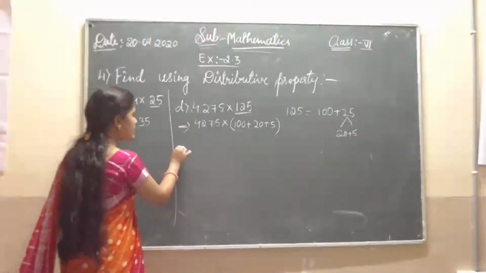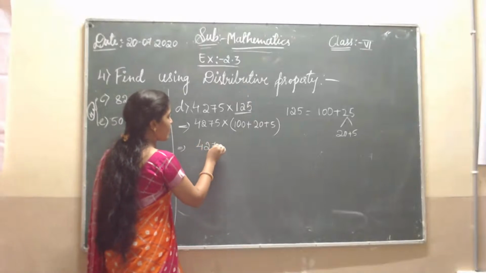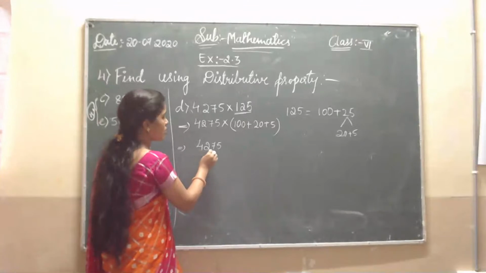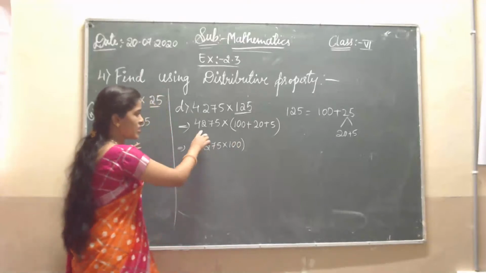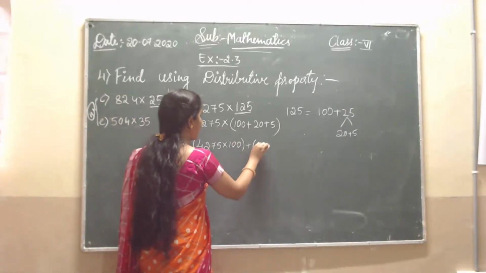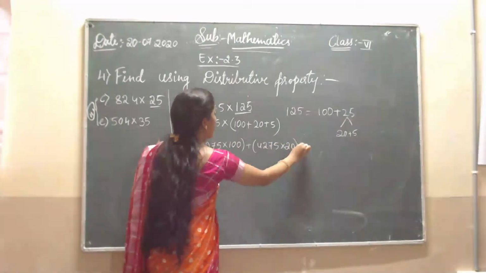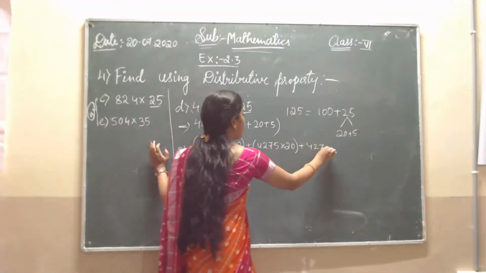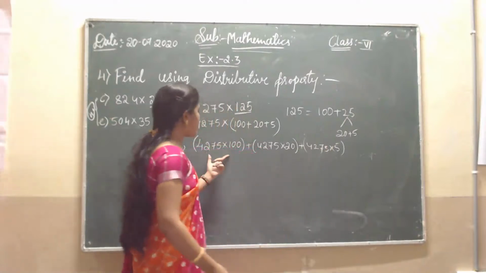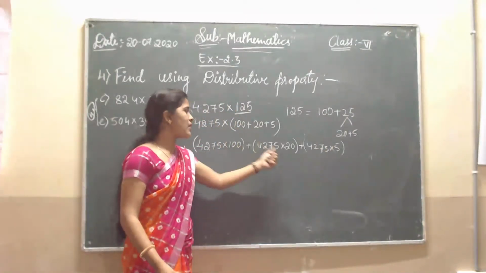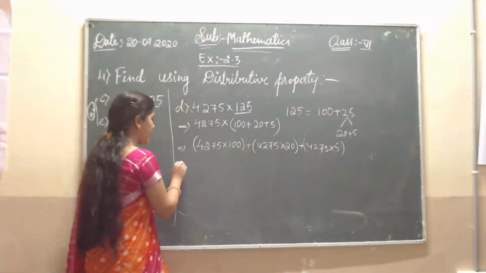Now see here: 4,275 into 100, first with first, plus 4,275 with 20, first with second, plus 4,275 with 5. There are three solutions here: first with first, plus first with second, plus first with third. Understood? Now simplify.